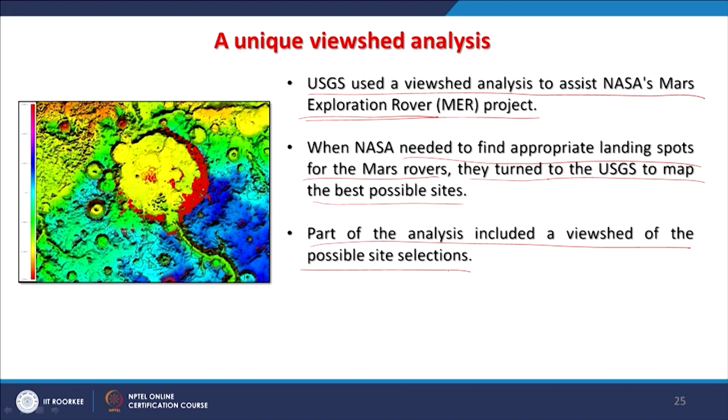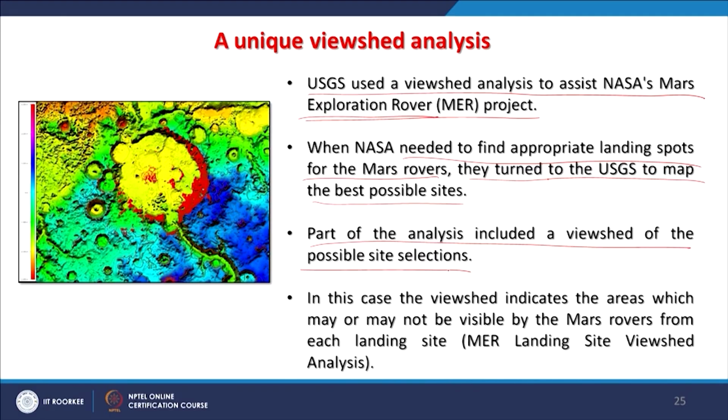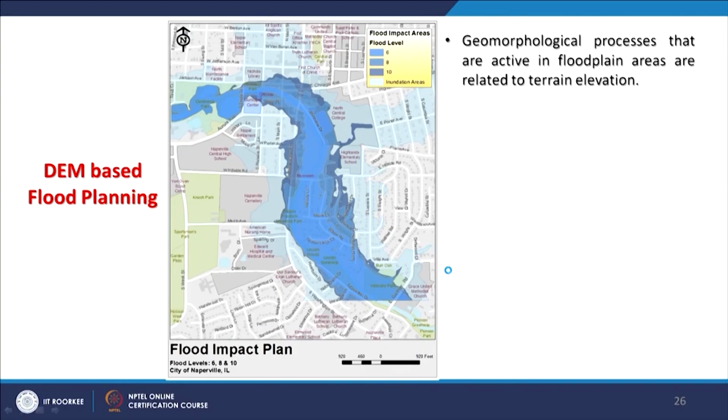If a rover lands in an impact crater, the viewshed would be very limited. But if it carefully lands in an area which is not part of a crater, then the viewshed is going to be very large. So for that purpose they employed this viewshed analysis, and of course they had a high resolution digital elevation model of the area.